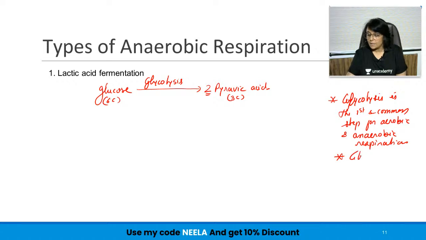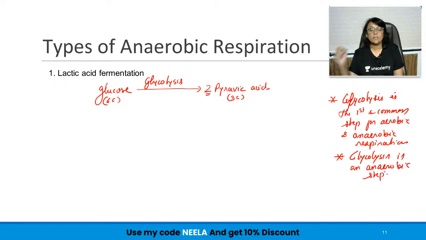That means glycolysis is an anaerobic step. So in this particular step there is no oxygen required. So now there are two molecules of pyruvic acid formed.